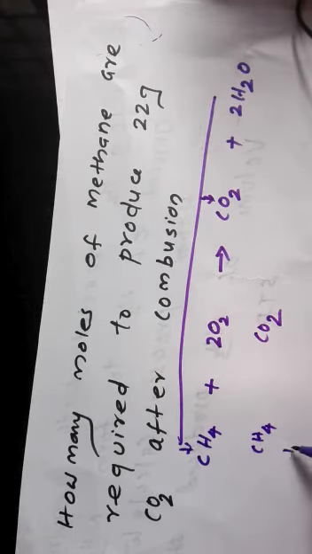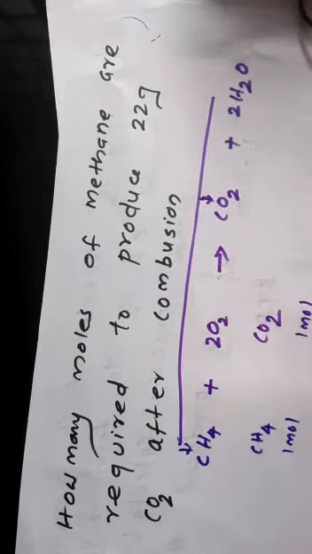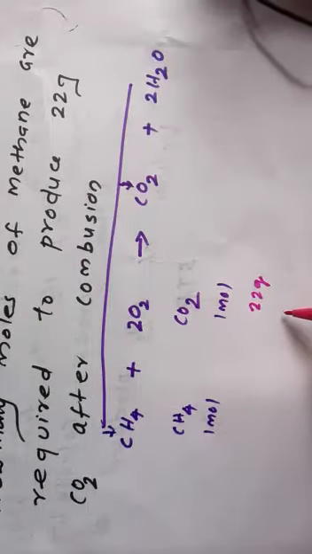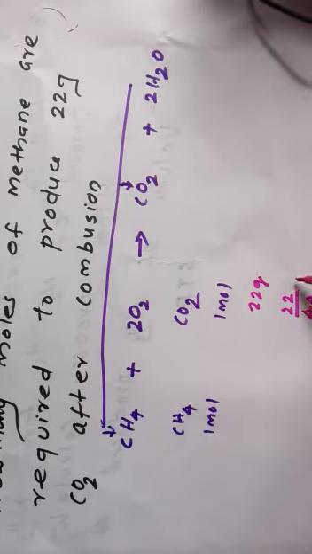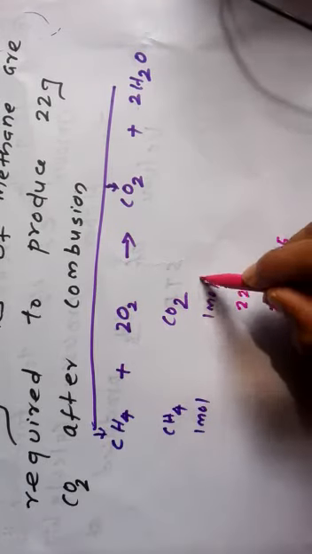Here 1 mole, here 1 mole. In the question they have given 22 gram carbon dioxide. How many moles is this? 22 divided by 44 is 0.5. Therefore, these are our data.